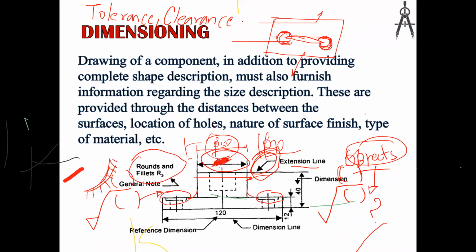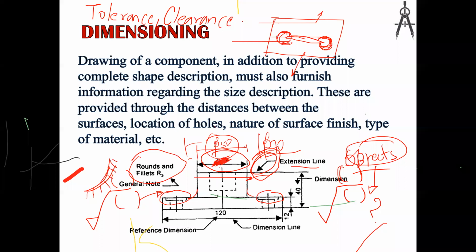So why do you need to put the dimensions? Is it okay? Yes, sir. Then we will go to how to make the dimensioning. Earlier we discussed why we want to make the dimensioning part.